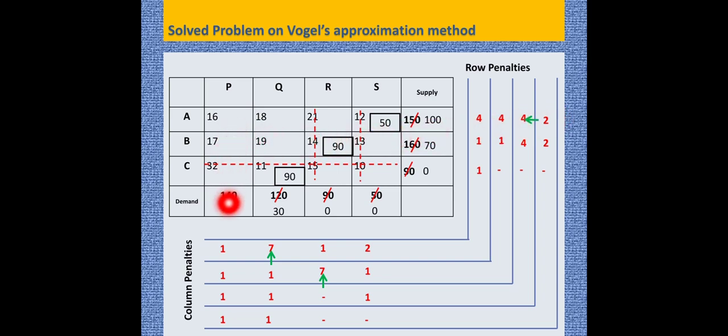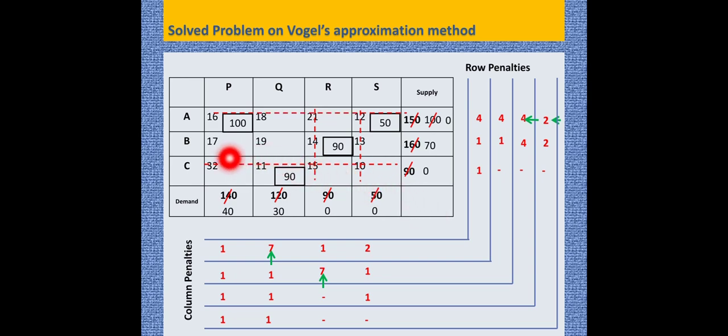So here 140 and 100 is compared. 100 is minimum, so 100 will be allocated there, and it has to be reduced from supply and demand. So 100 minus 100 is 0, 140 minus 100 is 40. So this particular row will be striked off.